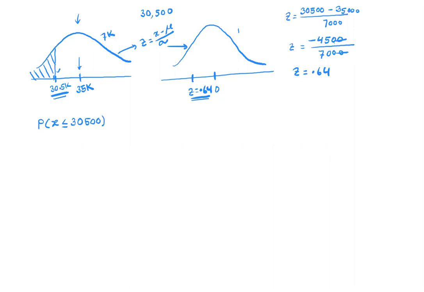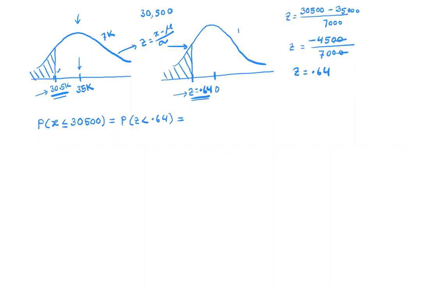We are going to convert it into a standard normal distribution, which we did. That means it's equivalent to finding this area, which is the probability of z less than 0.64. So the probability of x less than 30,500 is the same as the probability of z less than 0.64.